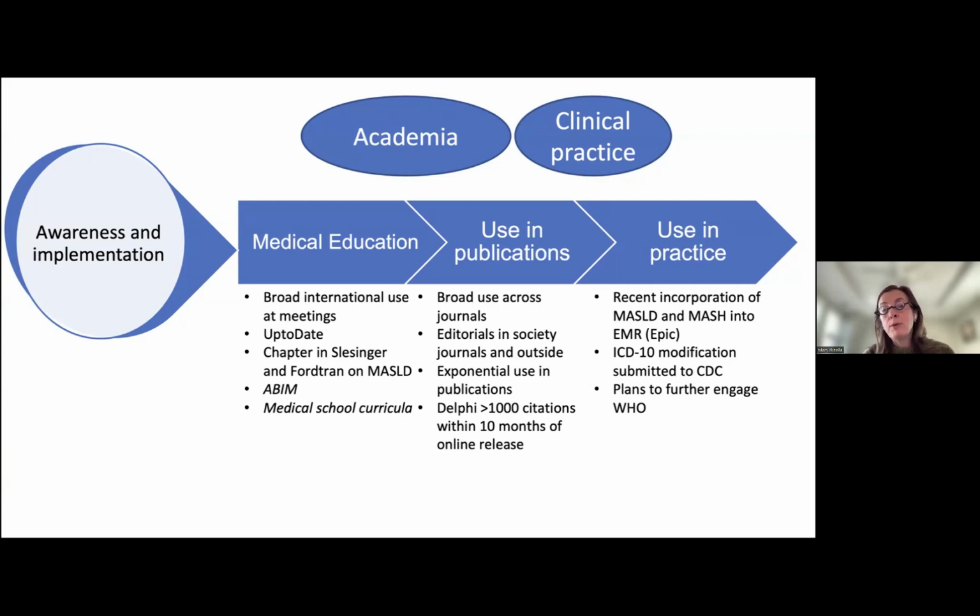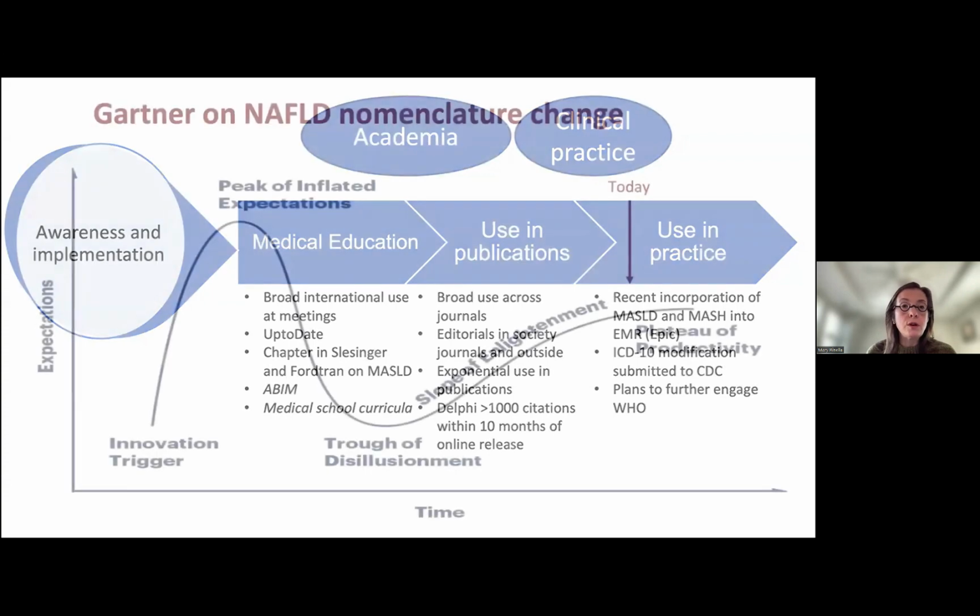With respect to use in practice, we are very excited that recently MASLD and MASH have been incorporated into the electronic medical record in the United States through the EPIC system, which is the most commonly used electronic medical record. We've submitted ICD-10 modification to the CDC and have begun to engage with the WHO and will continue to do so.